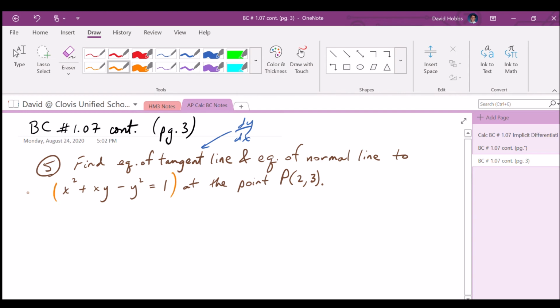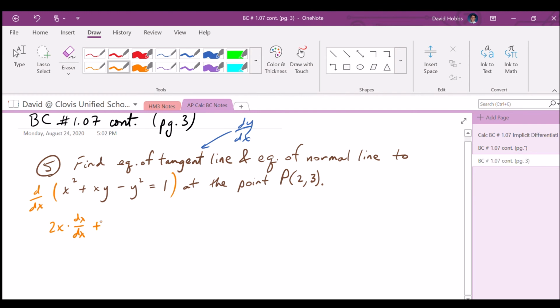So I'm going to take the derivative of both sides with respect to x. So I get 2x times the derivative of the guts with respect to x, plus product of variables, x times y.